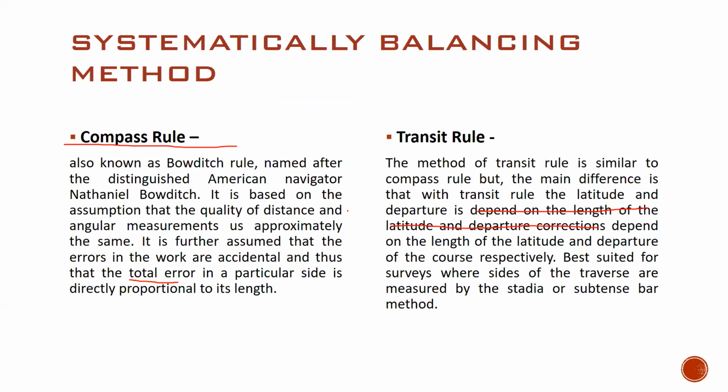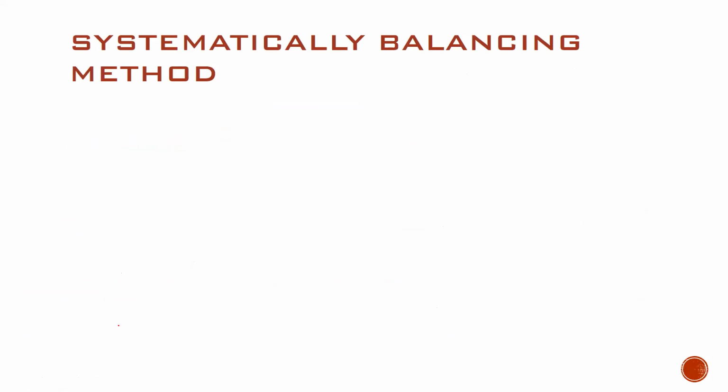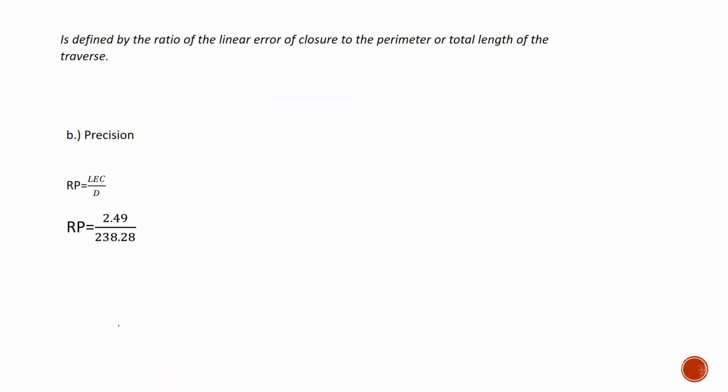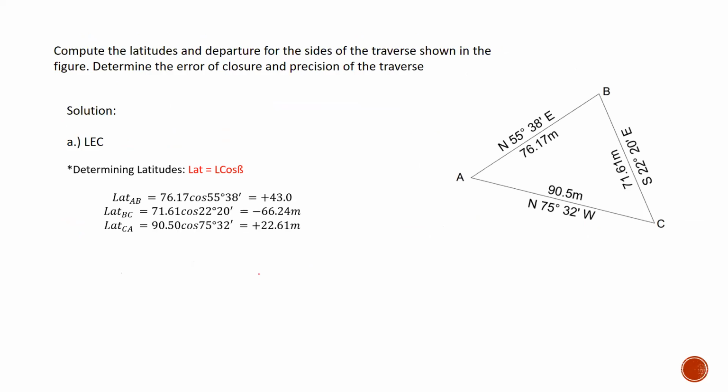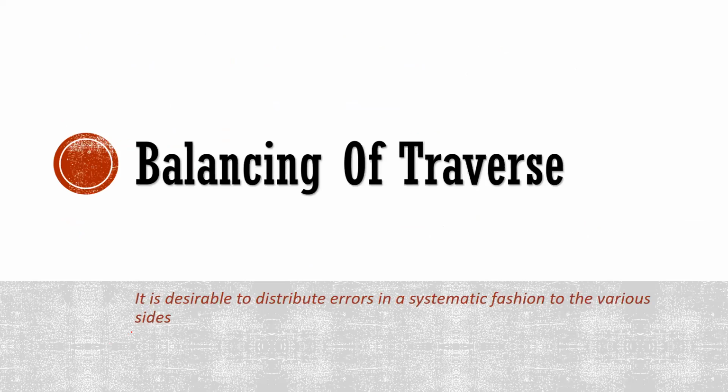So, let me give you again a summary of what we have discussed in this meeting. Okay. So again, we discussed about the balancing of traverse. It is said that it is desirable to distribute error in the systematic function of the various sides.